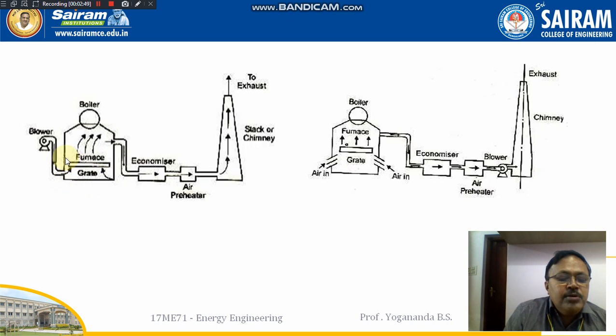We have the blower situated near the boiler, so the air required here will be forcibly blown into the boiler with the help of this blower. That's why it is called forced draft.